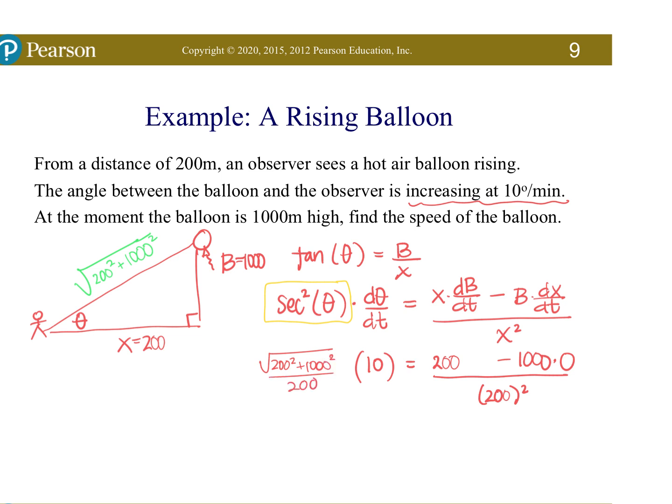That's secant quantity squared. That is now secant squared. So that leaves me with only one thing that I don't know. That was the dB dt, which is what the question is asking me in the first place. Find the speed of the balloon. So that speed of the balloon is going to be dB dt.